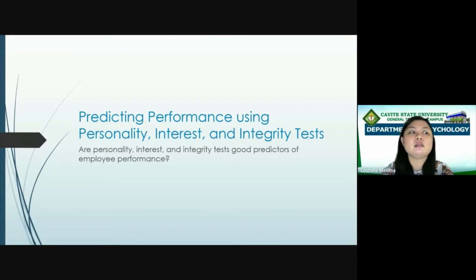You will do good for your job kasi meron kang perception that you are part of the company. You have that integrity with you na you belong to a particular company.